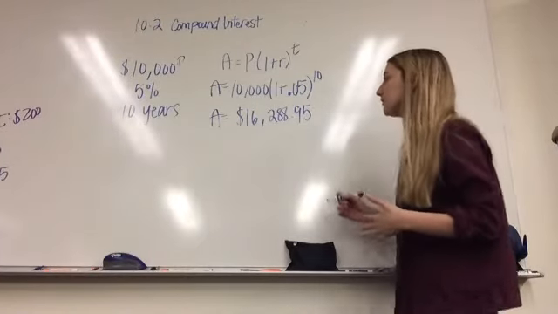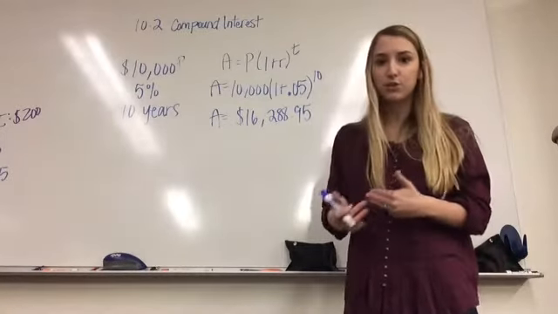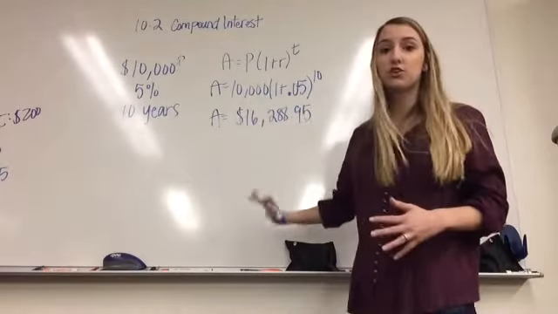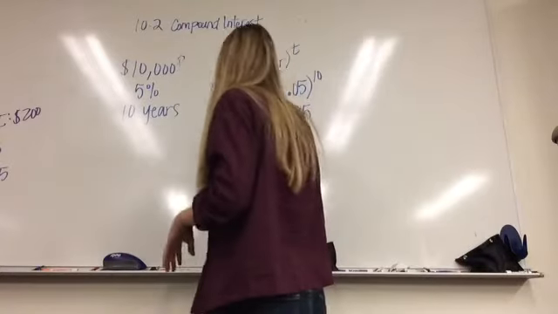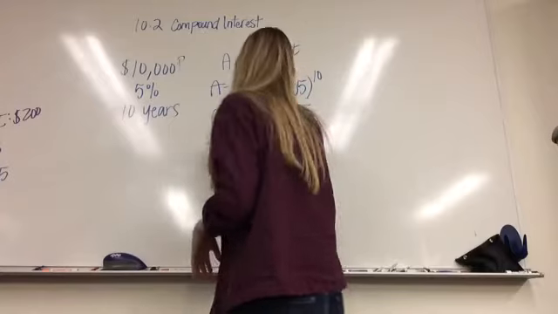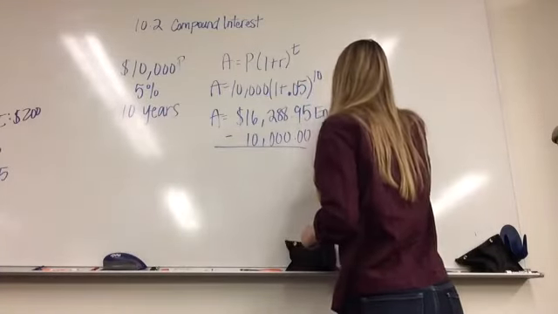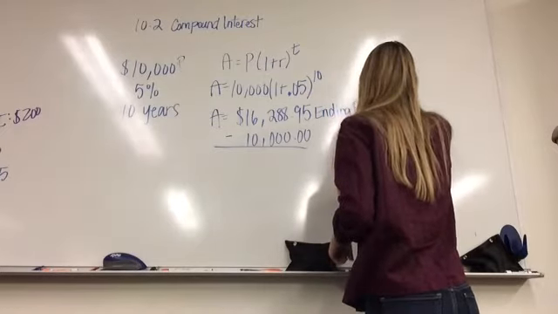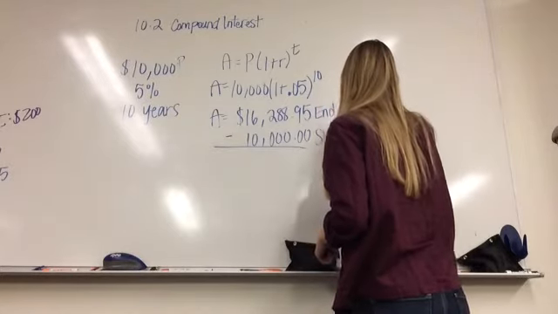Okay? So to find just the interest that I earned, we're kind of doing the opposite of simple interest. Instead of adding, we're subtracting our principal, our starting amount, and that will leave us with just the interest. So if we subtract $10,000 from our balance, so this was our ending balance, and this was our starting, or our principal.